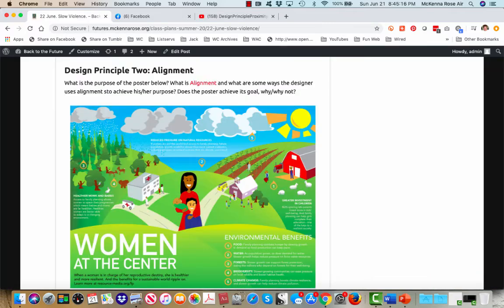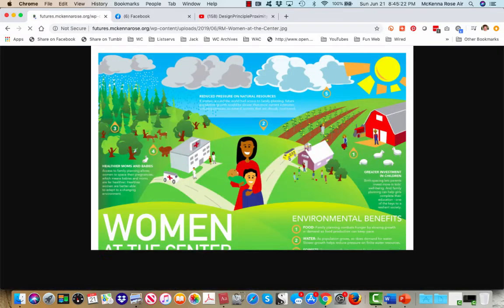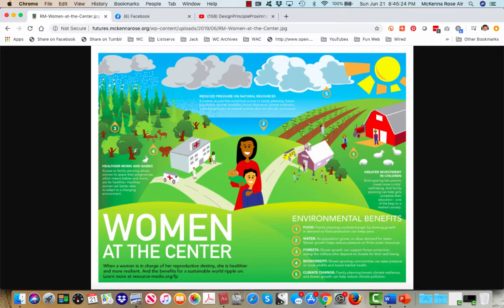So thinking about alignment in this poster helps us see the ways in which the rhetorical goal of the poster works.